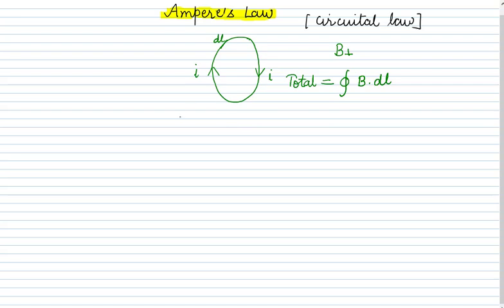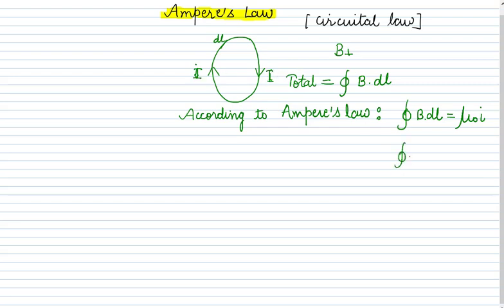So Ampere's law says that the total magnetic field through this closed surface is equal to mu naught times the current I. If the current through this loop is capital I, then you can write it as capital I here.